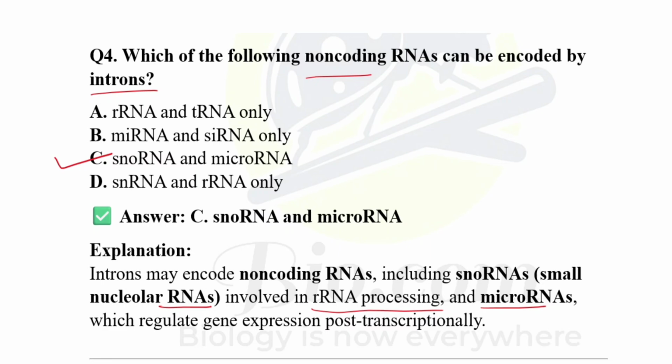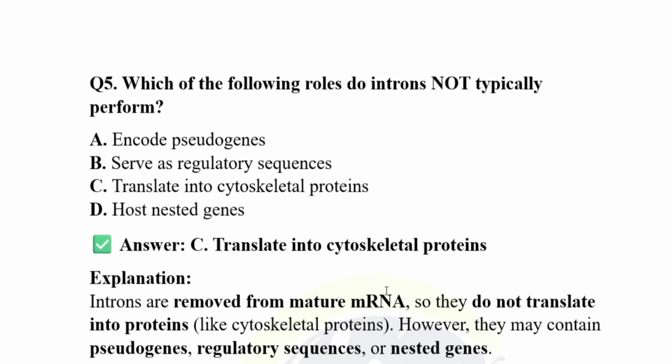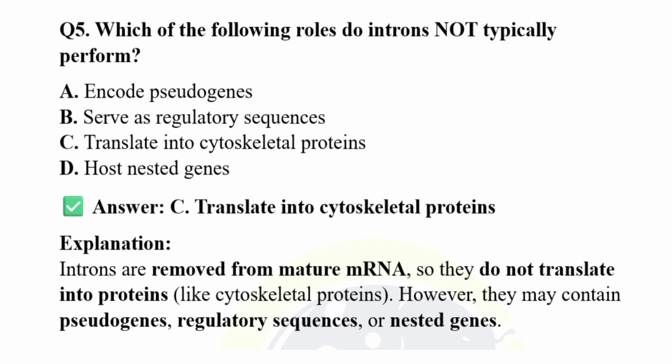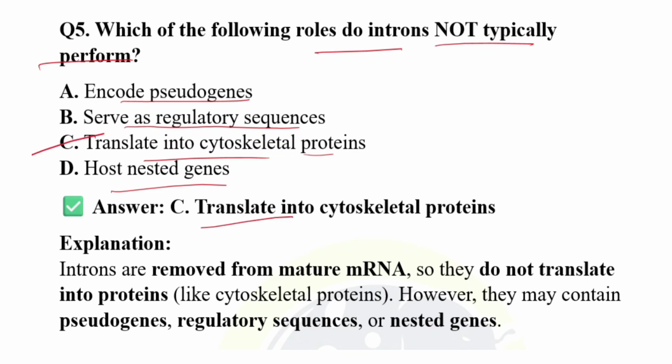Now back to the next question. Which of the following roles do introns not typically perform? Encode pseudogenes, serve as regulatory sequence, translate into cytoskeletal protein, host nested gene. So the right answer is option C. This is not a role of introns.